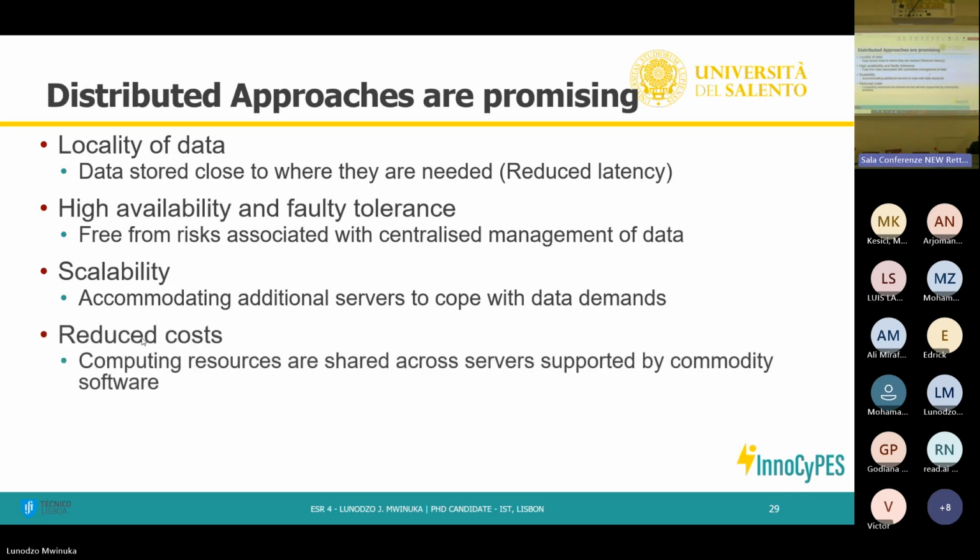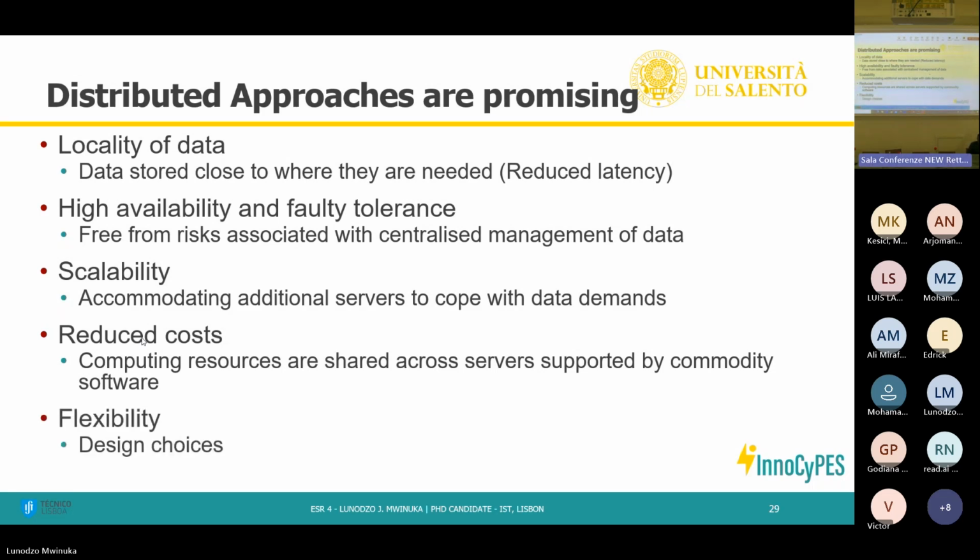Well, also we are experiencing reduced cost in terms of computing resources. When you have centralized data management, obviously you need a huge data center with very huge computational capabilities. But with distributed systems, that does not really matter. You can have several nodes, each with their specific defined computation systems, and they can just share data, retrieve data, read or write.